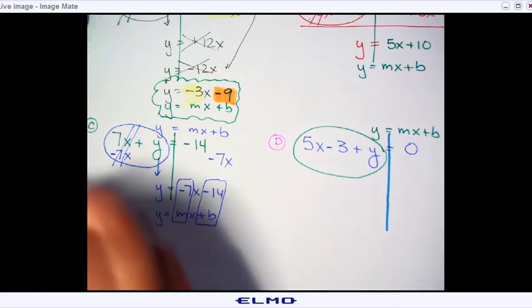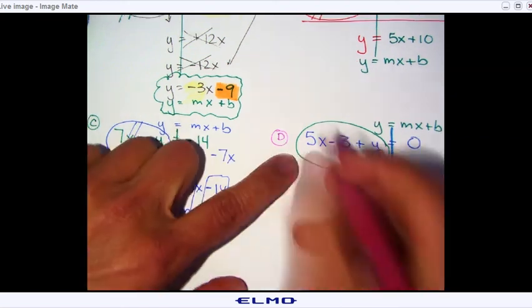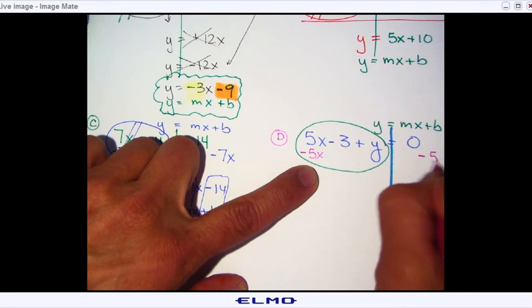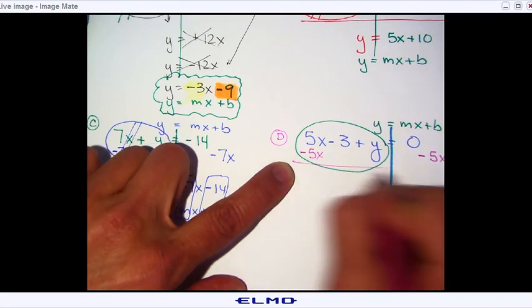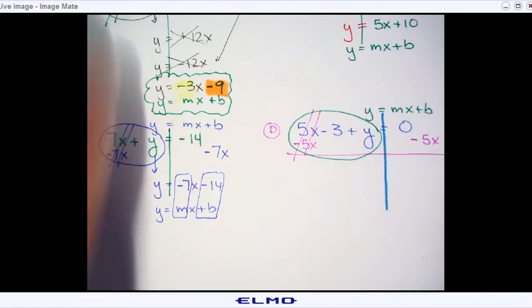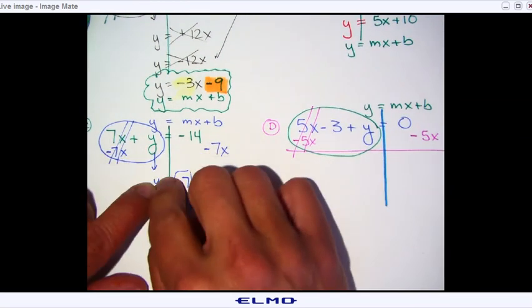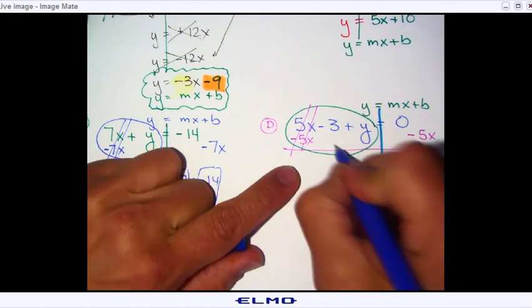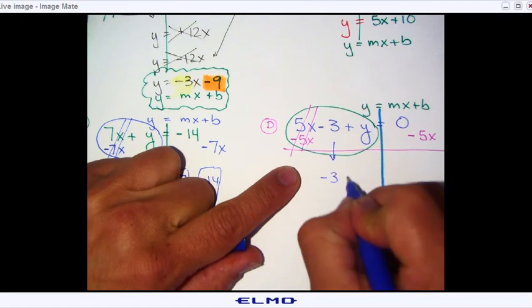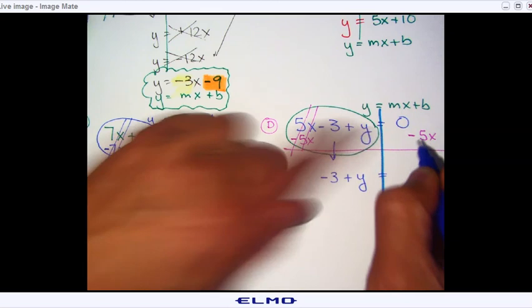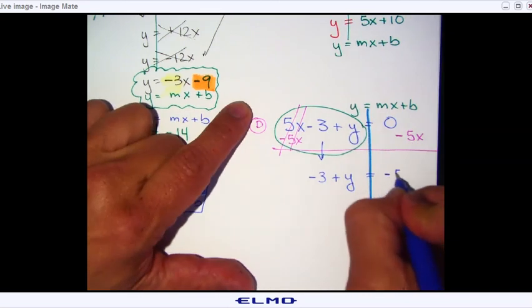How do I get rid of it? Negative 5x to both sides. That's a 0. What did we do over here? We dropped everything down because the bubble popped. Now we have negative 3 plus y equals, well, 0 minus 5x is minus 5x.